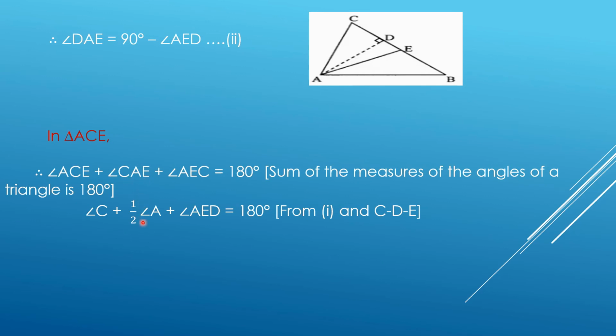Therefore, angle C plus half into angle A plus angle AED is equal to 180 degrees. Therefore, angle AED is equal to 180 minus angle C minus half into angle A. That is equation number 3.